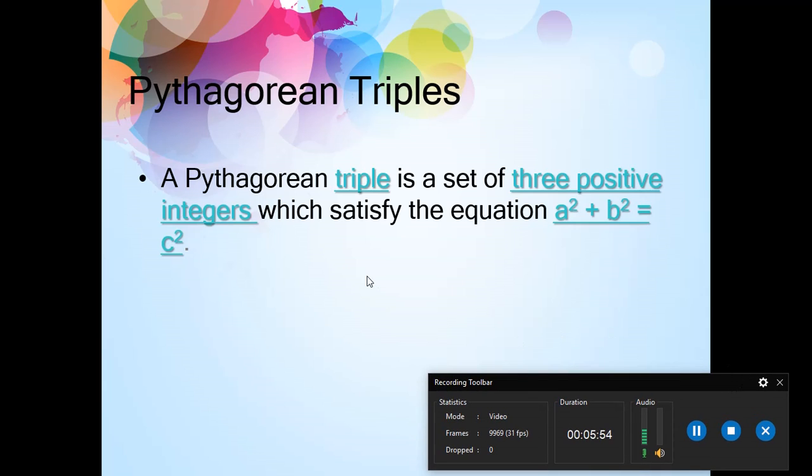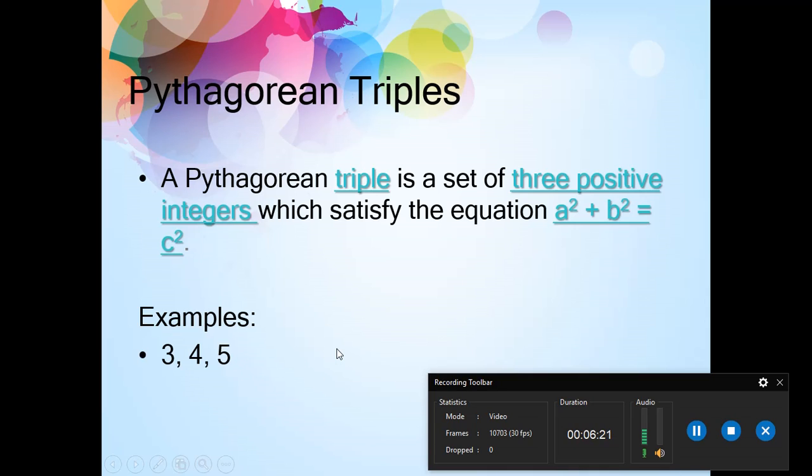One of the things that mathematicians use are called Pythagorean triples. This is a set of three positive integers, which when subbed into a squared plus b squared equals c squared will always balance. And typically, we don't get a third side to be a whole number. We've seen square root radicals or decimals. So some of the most common triples are 3, 4, 5.